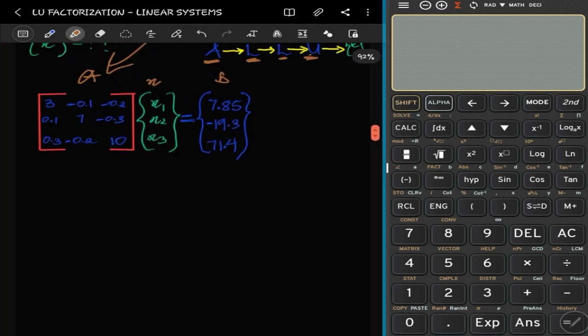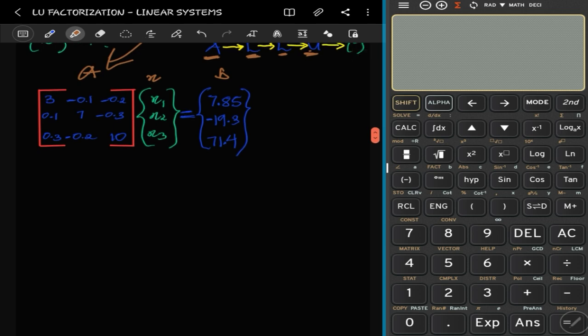So let's go straight for it. Because we are trying to get the upper triangle, we use pivots. We are just doing elimination to get the upper triangle, and then we get the lower triangle.